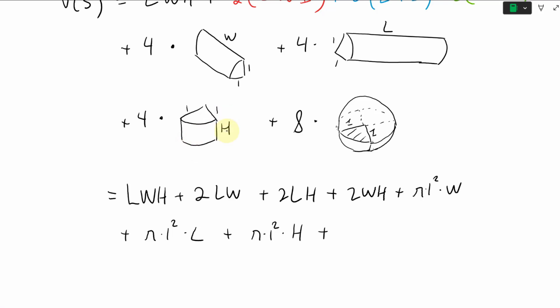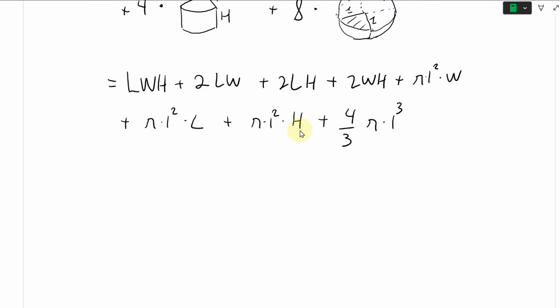And then the next one here is 8. Again, there's 8 of these, so 1/8 of a sphere just becomes a full sphere. And recall the equation for the volume of a sphere, just 4/3 pi times 1 cubed, that's r cubed. So then simplify this all.